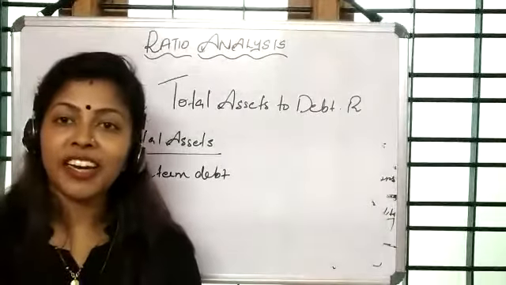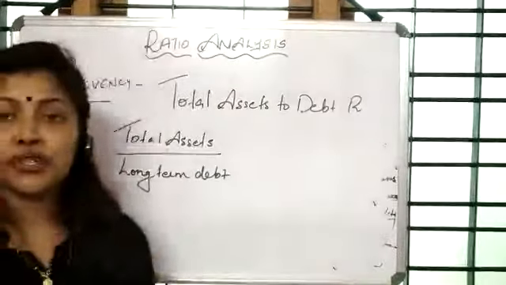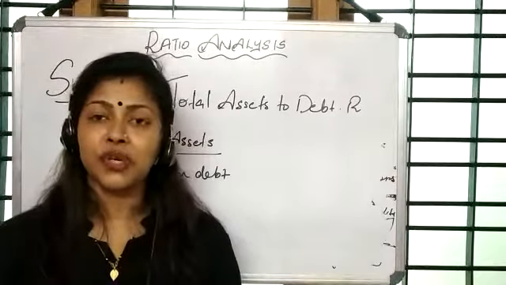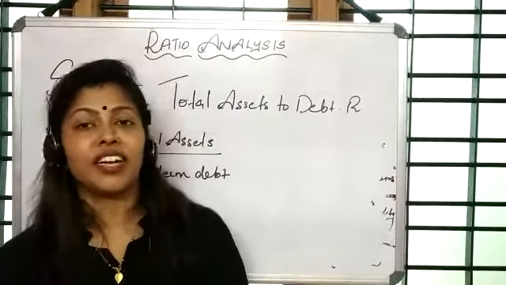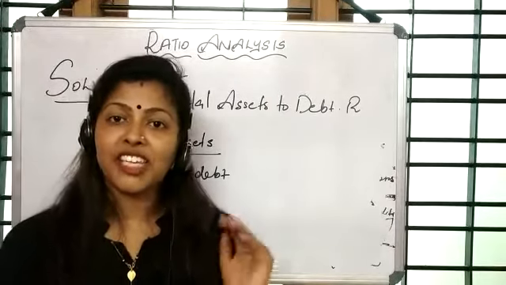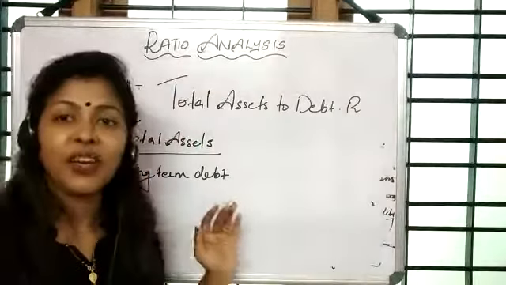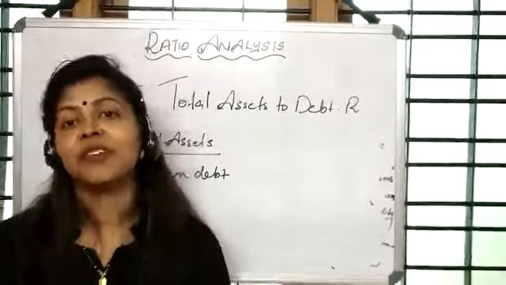Actually children, this ratio, total assets to debt ratio, is a slight variation of the debt equity ratio. The total assets to debt ratio expresses the relationship between total assets and total debts, that is the long-term debts.